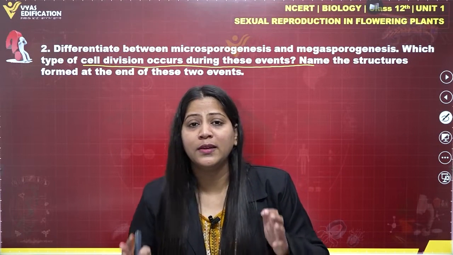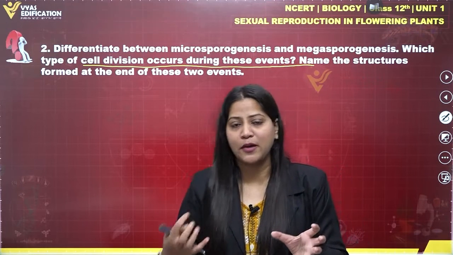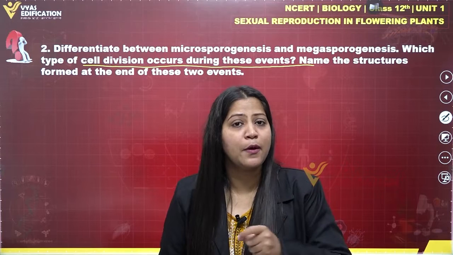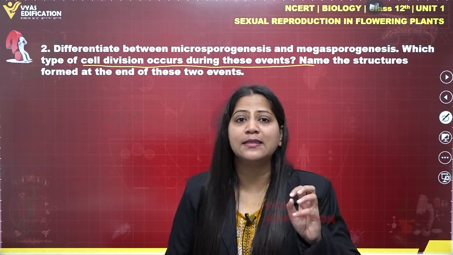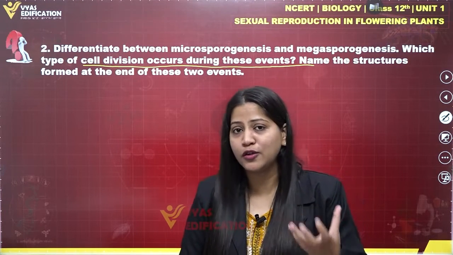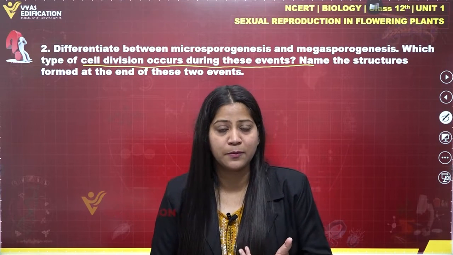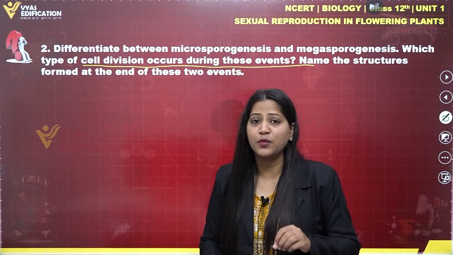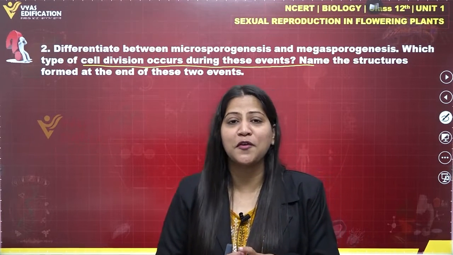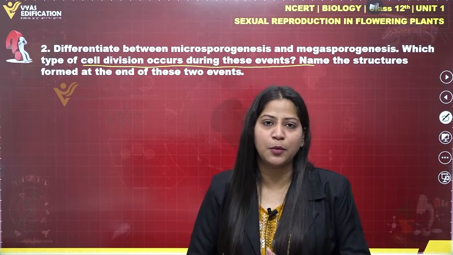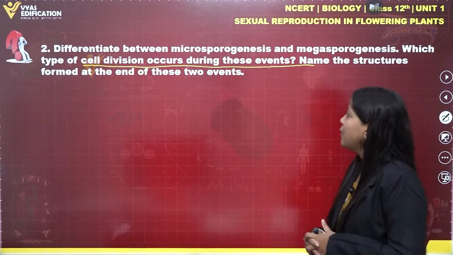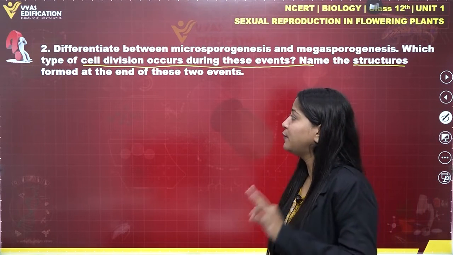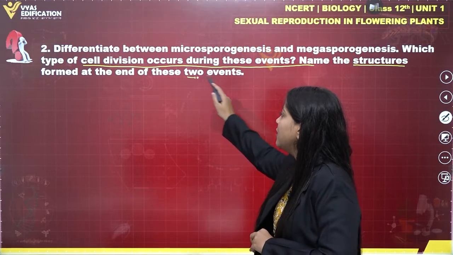So both in the events of microsporogenesis and megasporogenesis, the type of division taking place is meiotic division, which is also known as reductional division. Now here we come to the third part of this question: what structures are formed at the end of these two events?